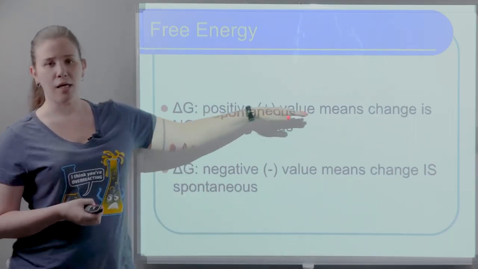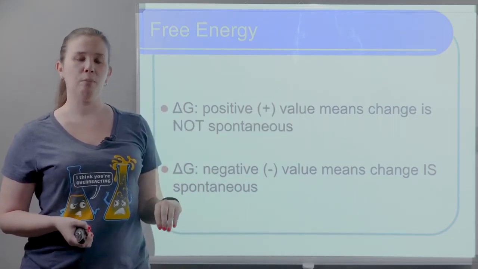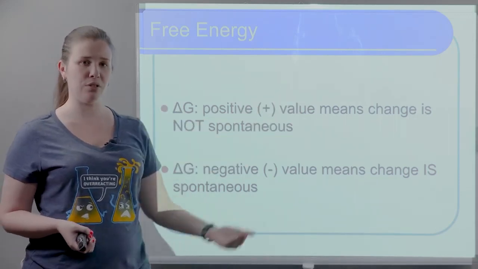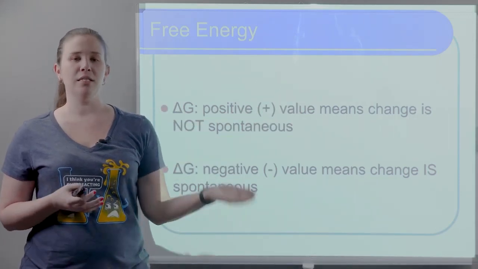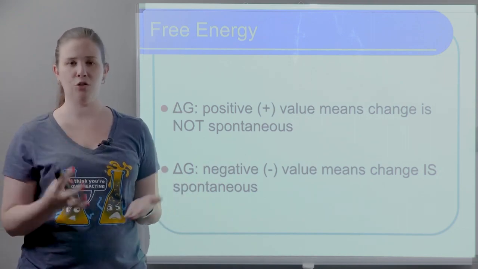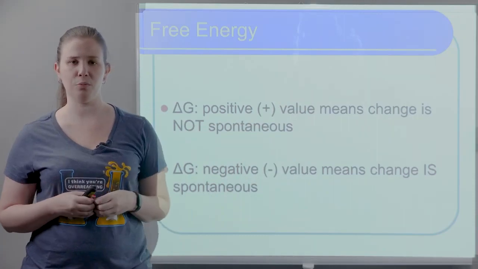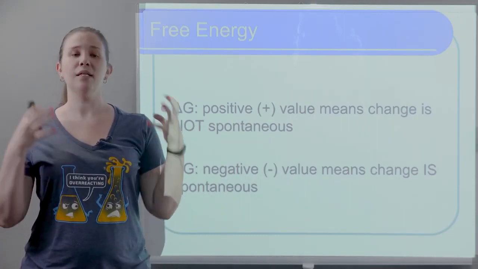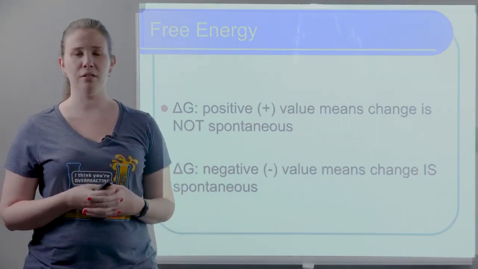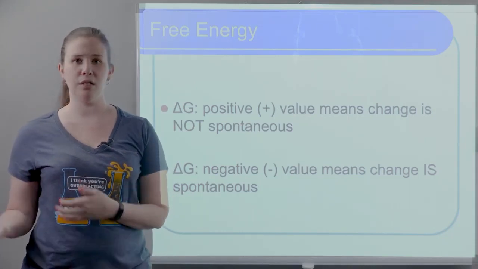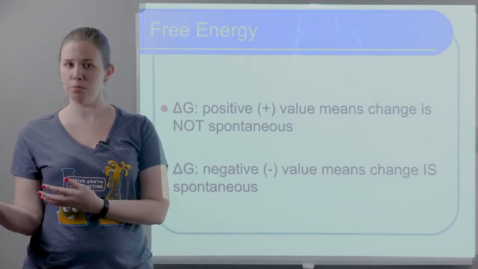If it is a positive delta G, that would represent the need for an input of energy. That means the given enthalpy and entropy of the situation is not enough to allow the reaction to proceed on its own. You would have to input energy in some way, for example, inputting an electrical energy, which would therefore cost you money.